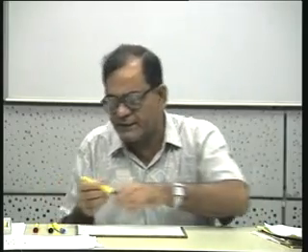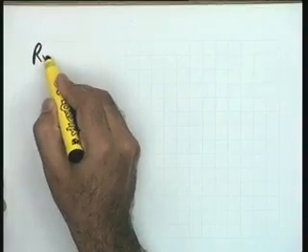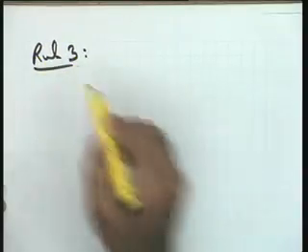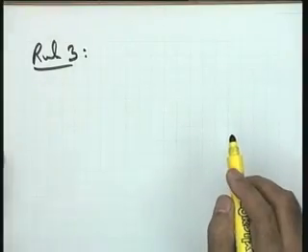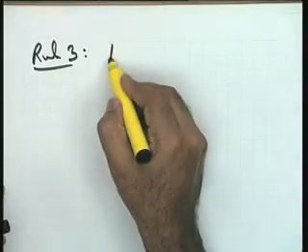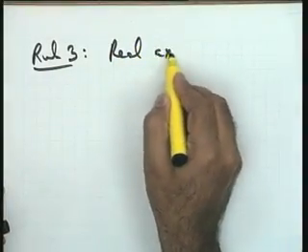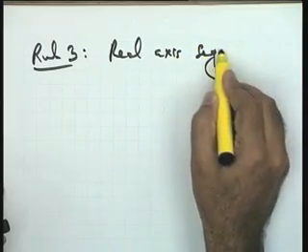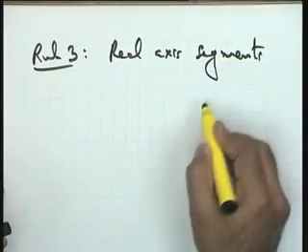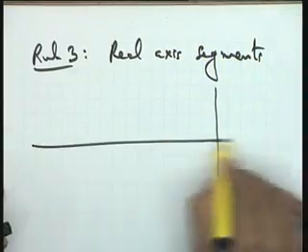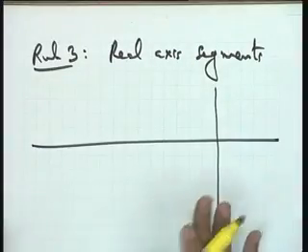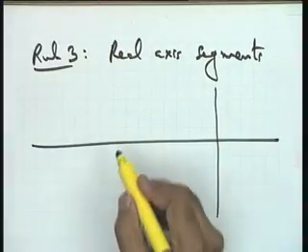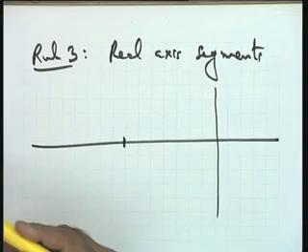Let me go to rule 3. If anything is not clear, please do ask me. Rule 3 is the real axis segments. You are scanning the total s plane, so let me scan the real axis first. Any point on the real axis you may take.